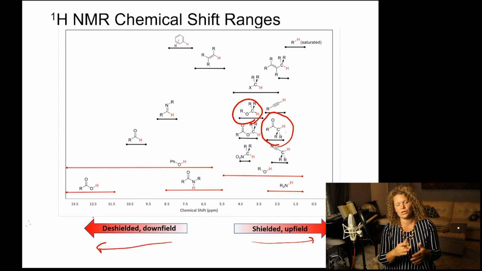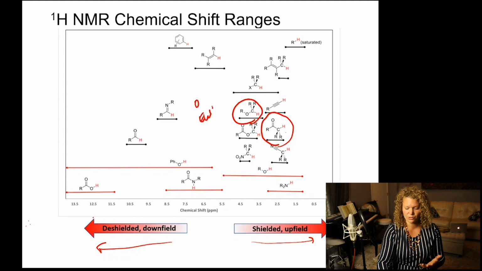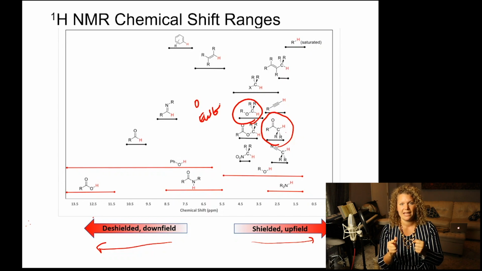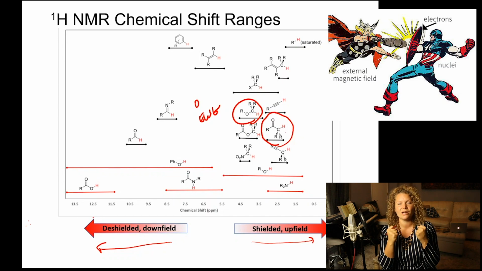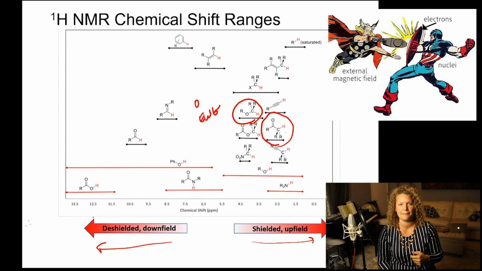And this makes sense. We know oxygen is electronegative. It's an electron withdrawing group. It's going to withdraw electron density through the sigma bonds, and our proton is going to be deshielded, so it will have a higher ppm.